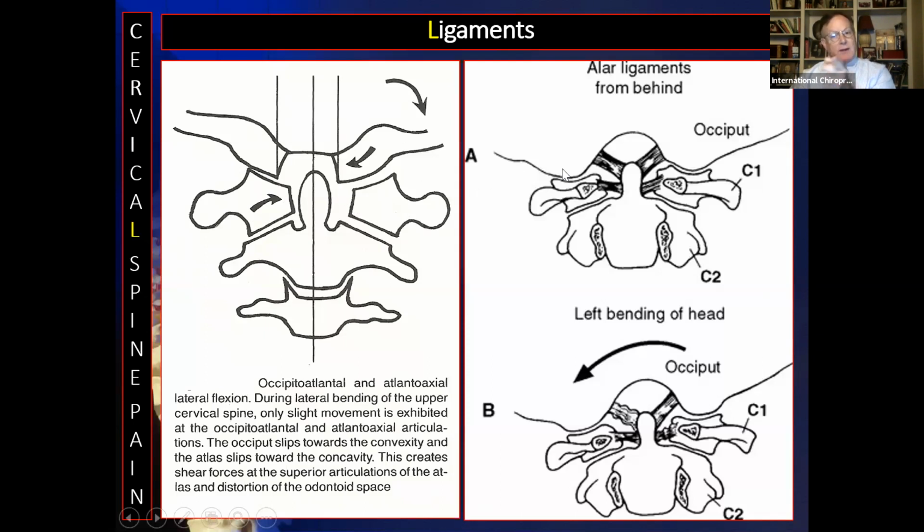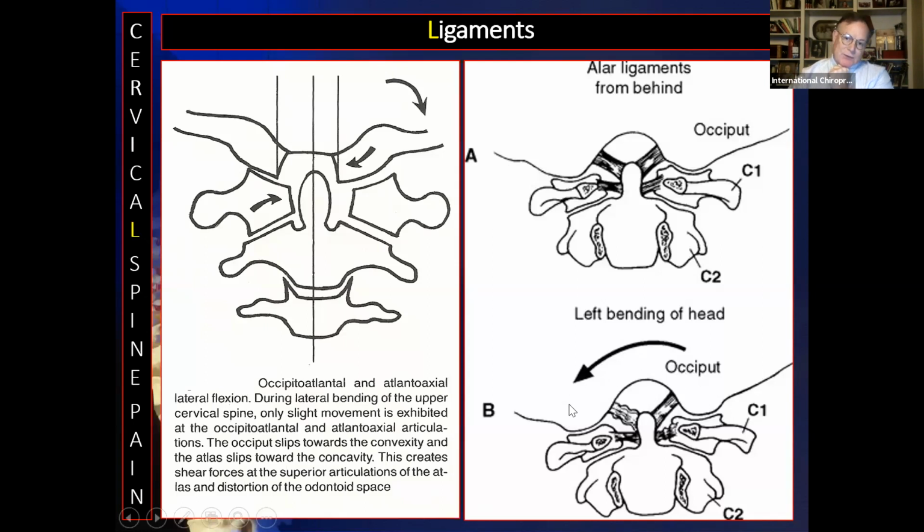Now, if you look at the ligaments underneath and think what's going on, the occiput's sliding that way. So here's a nice normal relationship when the occiput's going this way. This bone is getting lax, and this one's getting lax here. This is the reverse of this view here. So when this occiput is sliding downward, it's taking stress off of that alar ligament, making it lax and making it tight here.